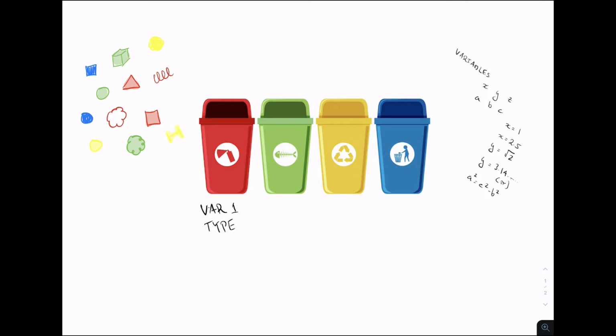The green bin, which contains organics, var2 type. The yellow bin, which contains recyclable material, will be var3 type. And finally, the blue bin, which contains litter, will be var4 type.